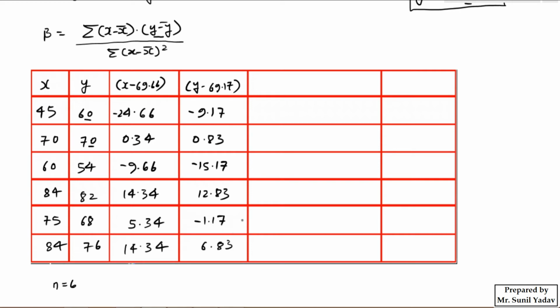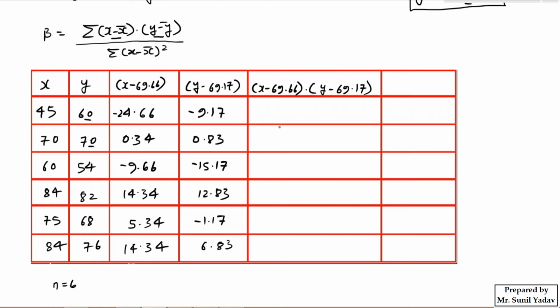6.83, right? So we have calculated x minus x bar in column number 3, and in column number 4 we have calculated y minus y bar, and after that they are saying we have to multiply both these parameters, right? So here we are going to multiply this parameter, x minus 69.66, with y minus 69.17, and whatever result comes, we'll write over here.